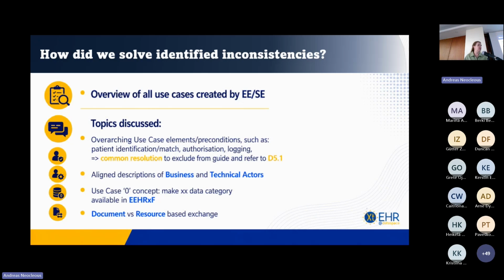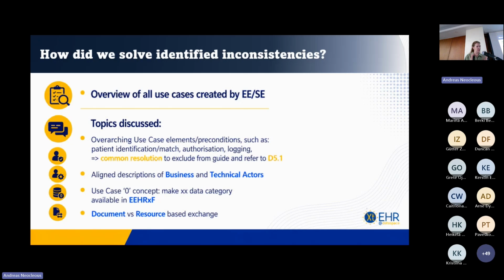And we also looked at the other work packages, for example, 5.1, which is describing the general technical requirements for each EHR system that falls under the EHDS. So we started to exclude all descriptions that are already in 5.1, for example, on logging or patient identification.